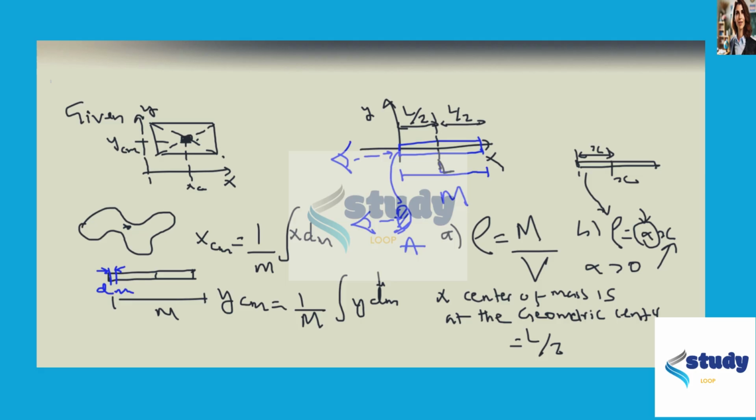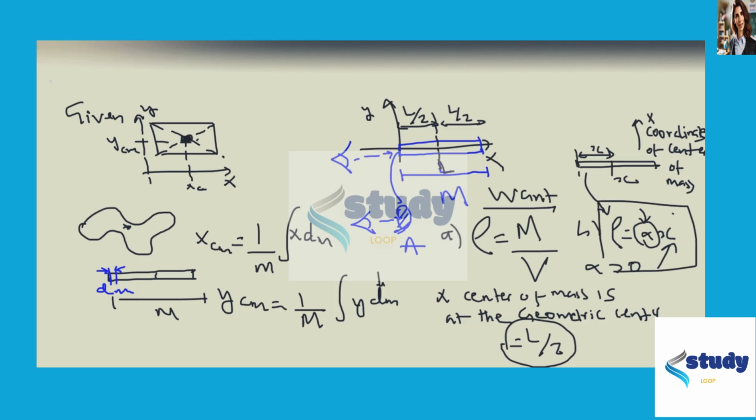We want to get the x coordinate of the center of mass. So that's the information that we're given, and this is what we want. We want to prove that the center of mass is the same as the geometric center L/2, and also find the x-coordinate of the center of mass if this relationship holds.